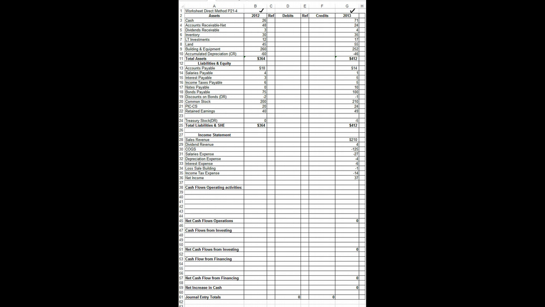And then I also brought over the income statement amounts, just straight from the income statement. I'm showing revenues positive and expenses as negative numbers since they reduce revenues down to net income, and then net income I brought straight over as well, 37. And from this information, we're going to make the statement of cash flows.